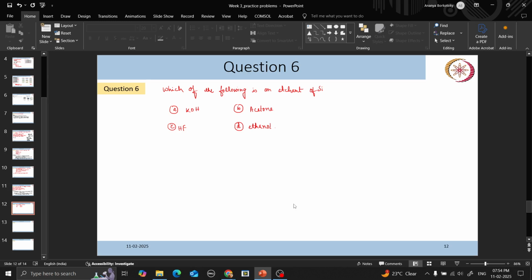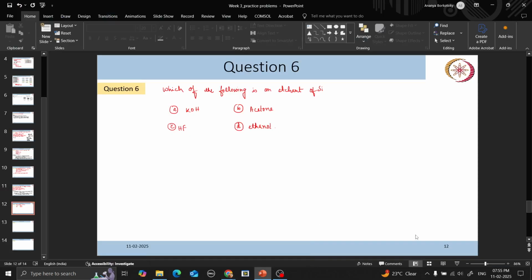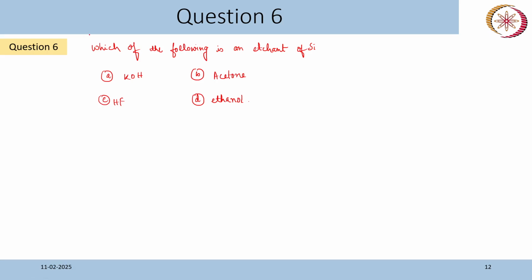This was discussed in the class, because in case of bulk micromachining, we mostly use silicon as a substrate when we etch a significant portion of silicon. So you should know a few etchants for silicon. So the answer is KOH, option A.